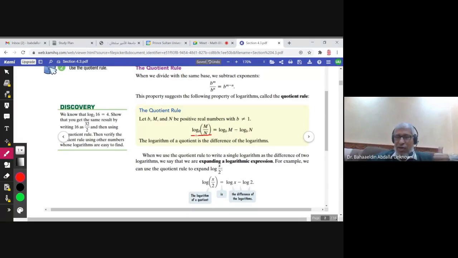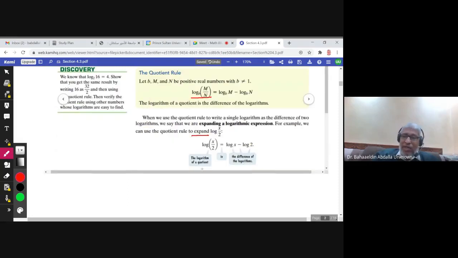So whenever you have log m over n, you write it log m minus log n. Because we have two logs in the right-hand side, the question will always say expand. Expand means make something bigger. So here you have one log, you made it two logs.